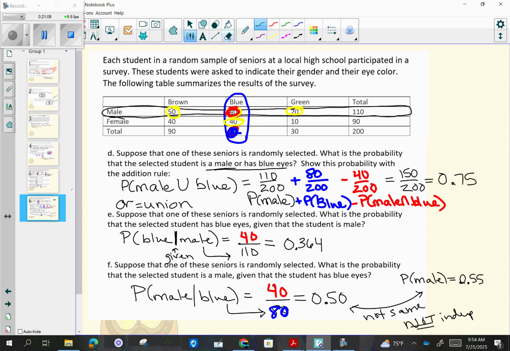Because remember, independent events, the first doesn't affect the second, or the second doesn't affect the first. And in this case, as soon as you know there's blue eyes, it changes the probability of it being a male, so they are not independent of each other.